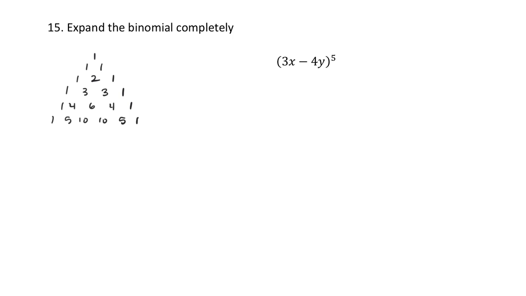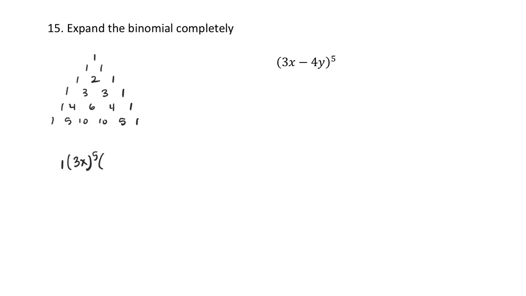So each term is going to be a product of a coefficient, and then each of these terms raised to a certain power. So the first term of this expansion is going to have 1 as the coefficient. And then the first term is going to be raised to the fifth power.